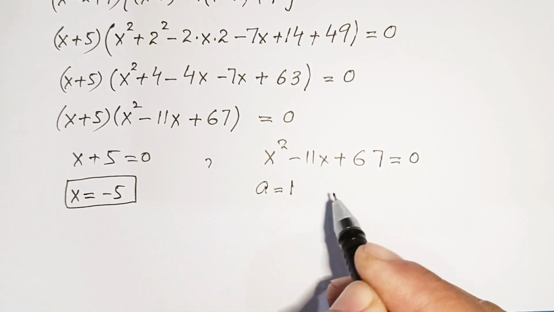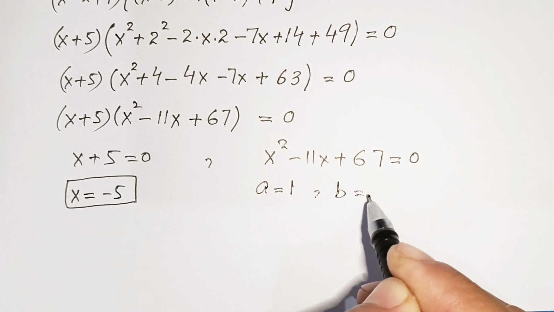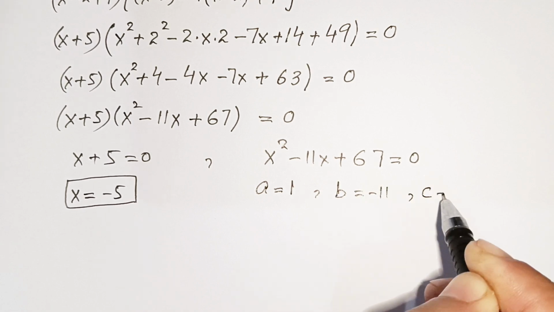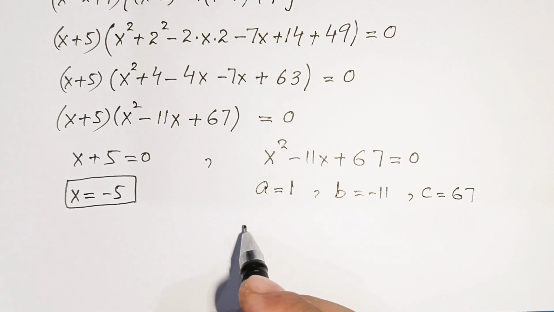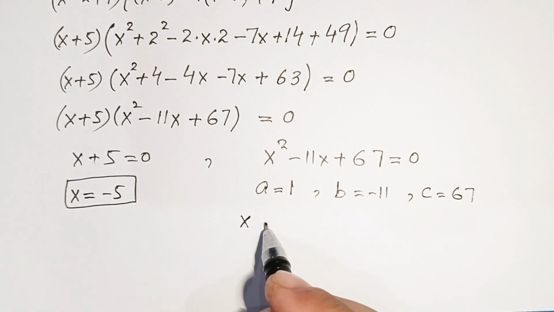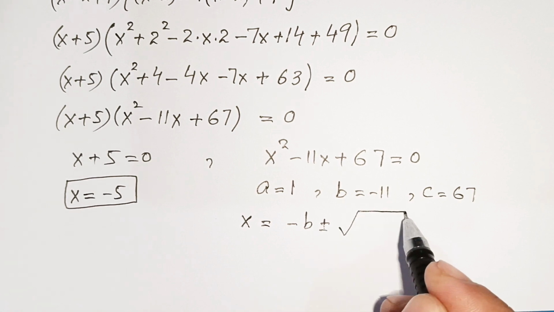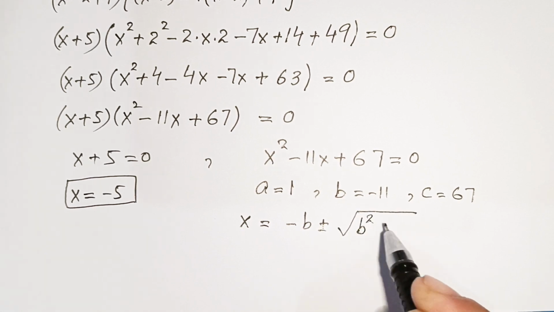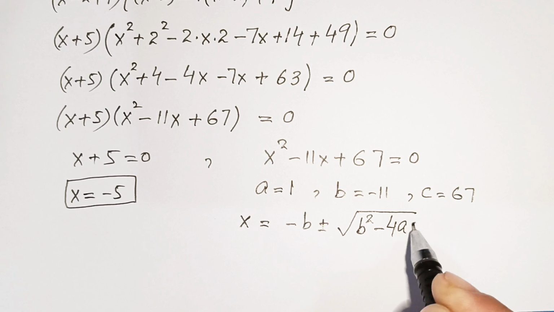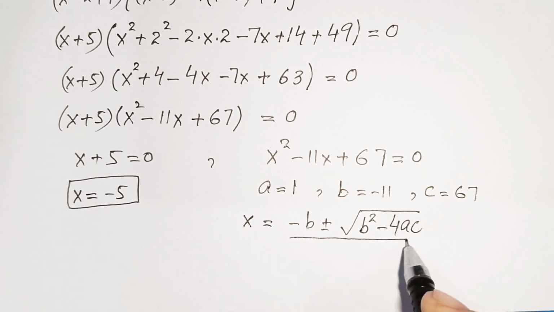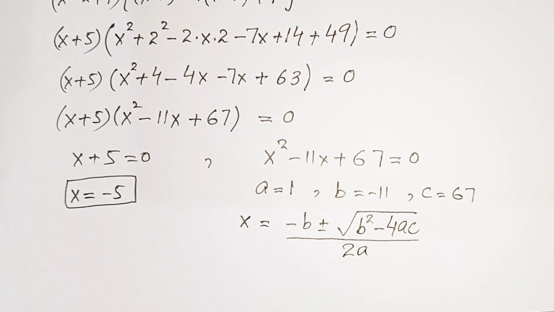So for this purpose, the value of a is 1, b is minus 11, and c is 67. Now by the quadratic formula, x is equal to minus b plus minus square root of b squared minus 4 times a times c, all over 2 times a.